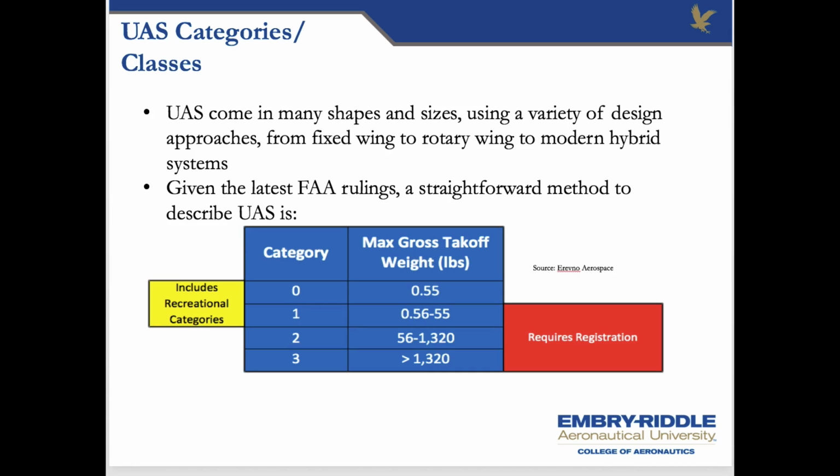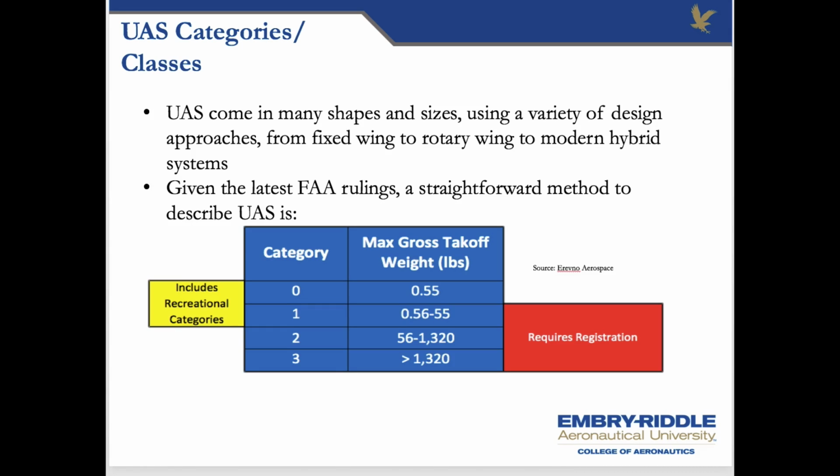It essentially breaks the UA into categories 0 through 3, and by doing that, we consider max gross weight takeoff, and that really helps us identify which category it's in.